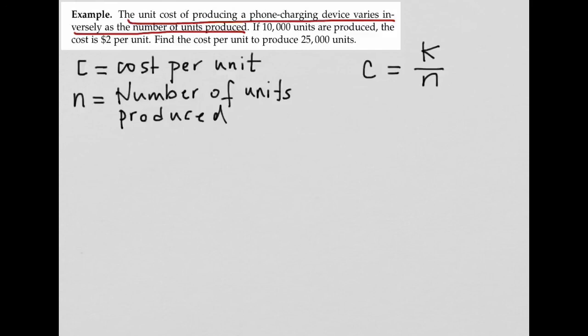When 10,000 units are produced, meaning when N is 10,000, we know that the cost per unit is $2.